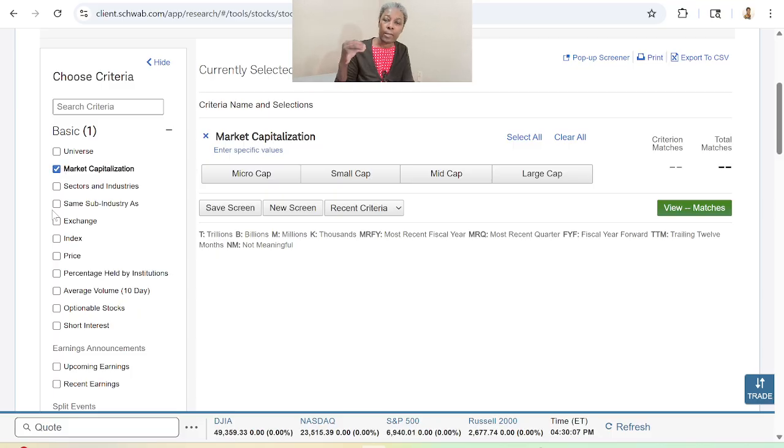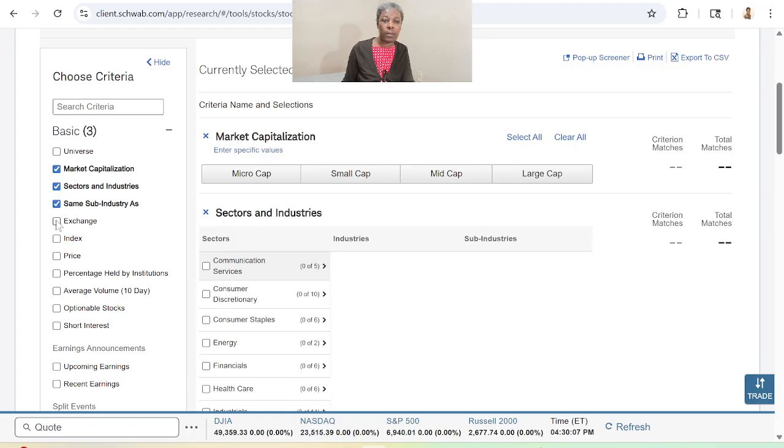to pull a specific market capitalization of stocks, especially large cap stocks that sell on the New York Stock Exchange or NASDAQ.